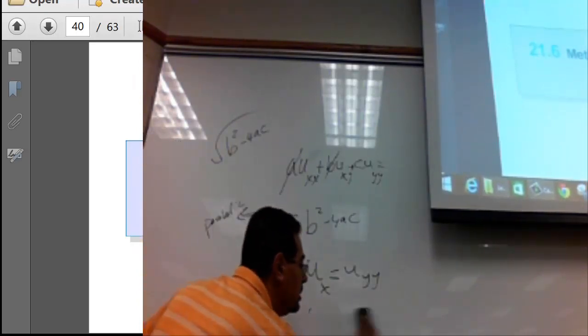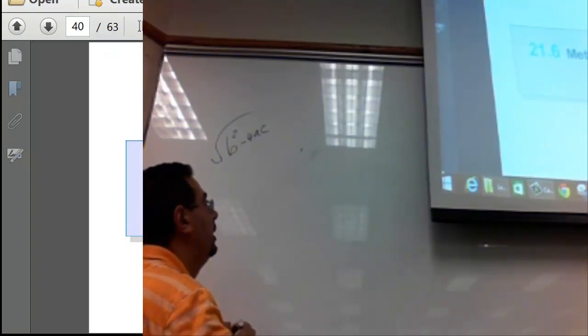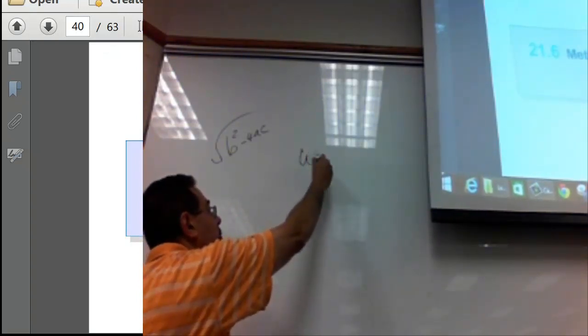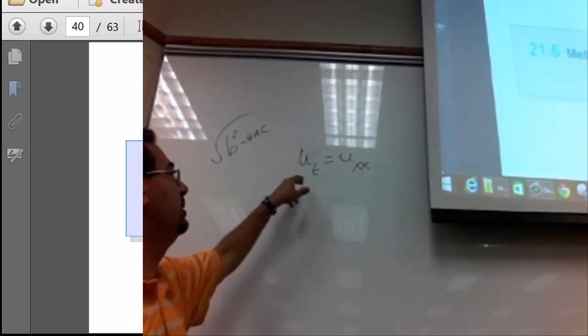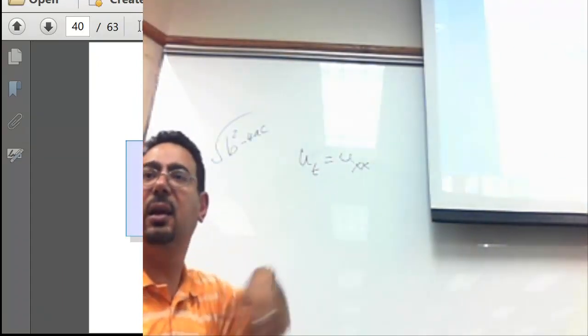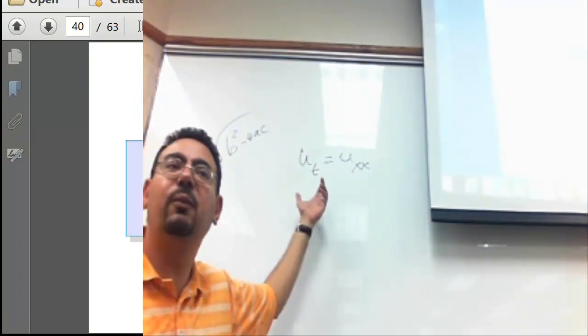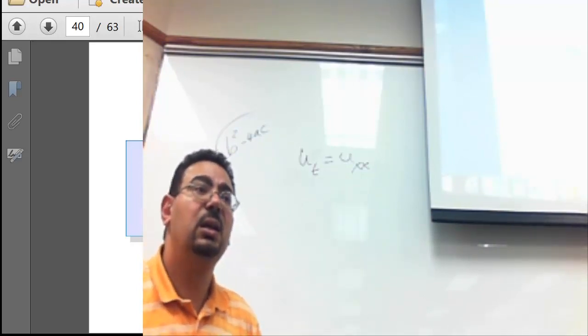The form that we will deal with for a parabolic equation is ut equal uxx. It doesn't really matter whether it's x and yy, or t and xx, or any two variables; we just have one of them first order and the other second order.